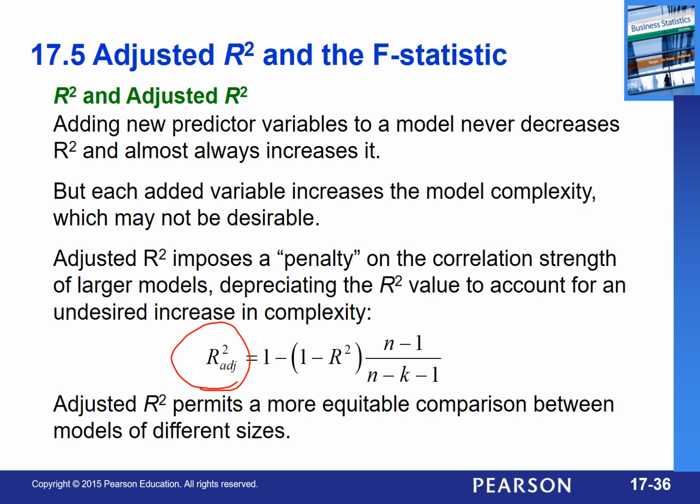So when we're judging whether or not our model is doing a good job, we're going to be using R squared adjusted. Although R squared is still going to tell us about the fraction of variability that is accounted for, we're going to use R squared adjusted when it comes to judging whether or not our model does a good job. Once we've made that judgment, we're going to use R squared to describe what we know about the model and how much it explains.